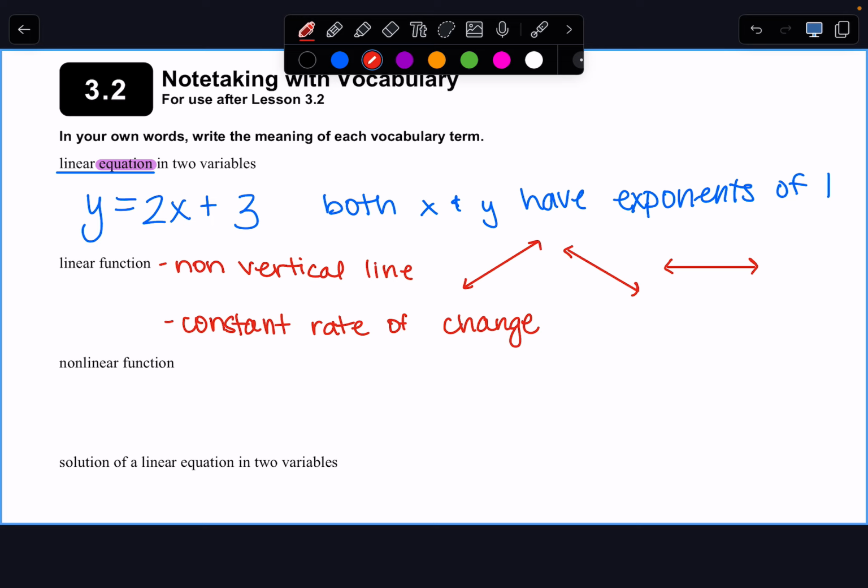Now, when I say something is non-linear, it's not a linear function. So basically, anything that doesn't match these descriptions is non-linear.